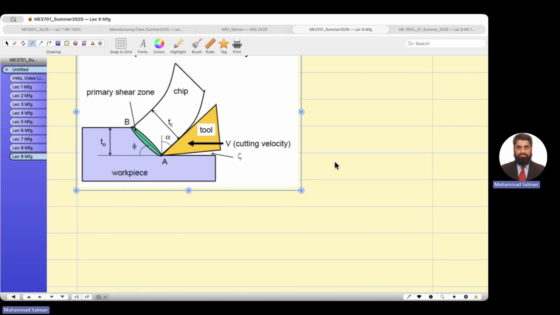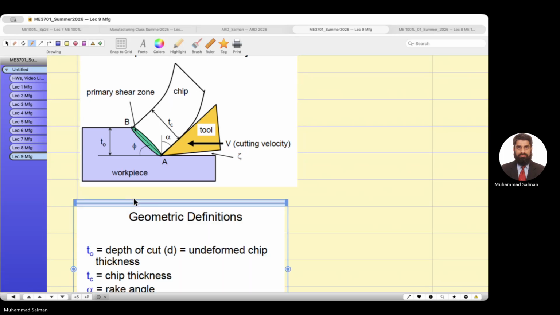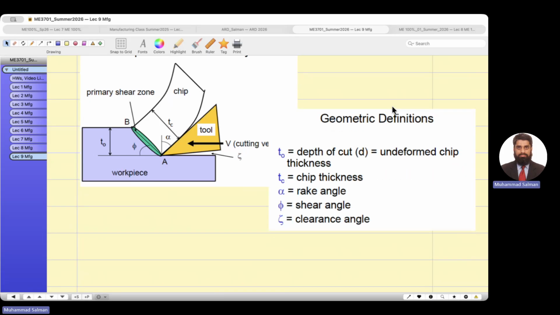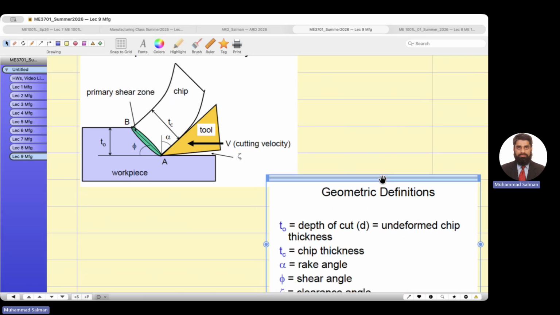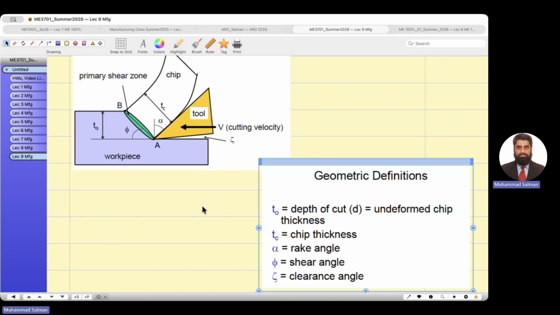Yes, please draw this diagram. With this diagram, you will understand some of the nomenclature. This is the orthogonal cutting operation, and the direction of the cutting velocity is perpendicular to the tool. Maybe this is the tool.